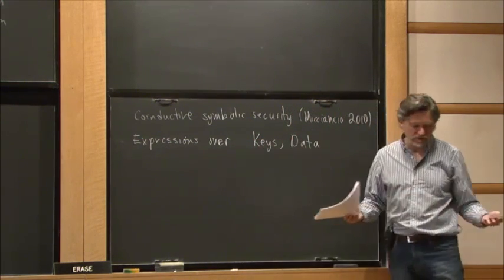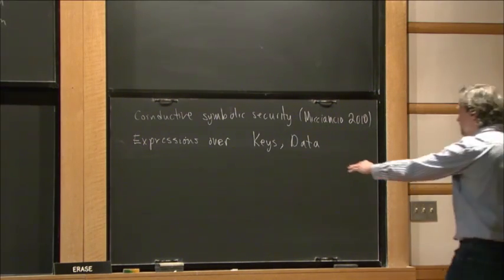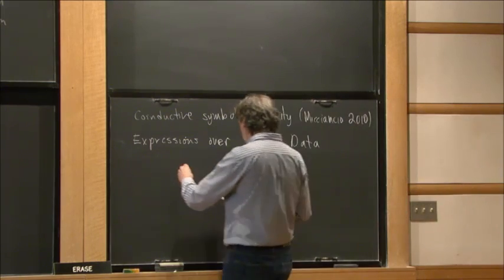So we start off with two atomic sets, the set of keys and the set of data elements.